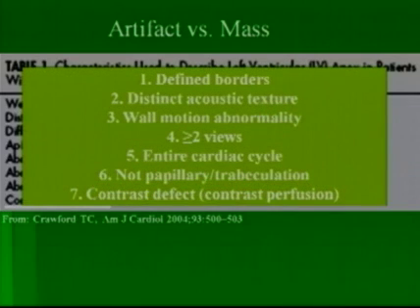And just to distill it for you, if it has defined borders, if it has a distinct acoustic texture, if there's an associated wall motion abnormality, if it's present in greater than 2 views, if it's present throughout the entire cardiac cycle, and if you can pretty reliably say that it's not a papillary structure or trabeculation, and then of course if you administer echocardiographic contrast to light up the ventricular cavity and it shows an area of defect, this might be consistent, or is more consistent, with an actual mass, be it thrombus or tumor, rather than an artifact.